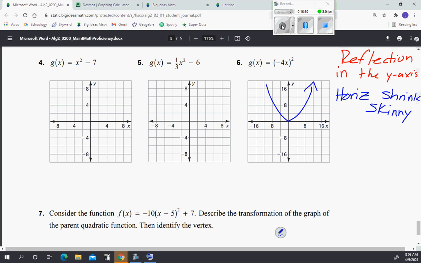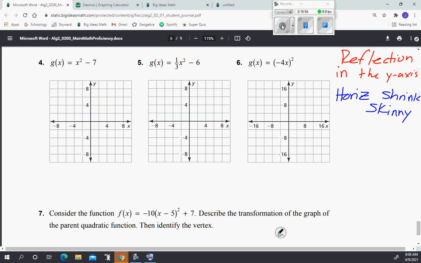If right here, this is my parabola, and I reflected that in the y-axis, this line here would become this line right here and vice versa. They're the same line, they're the same graph, right? So that reflection in the y-axis doesn't do anything for graphing purposes. The horizontal shrink makes it skinny.